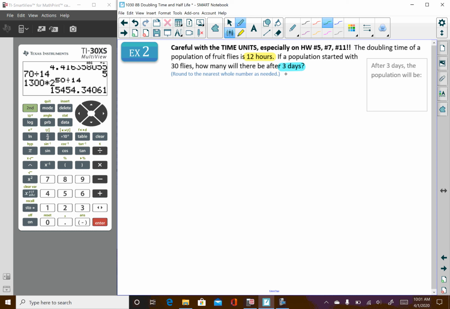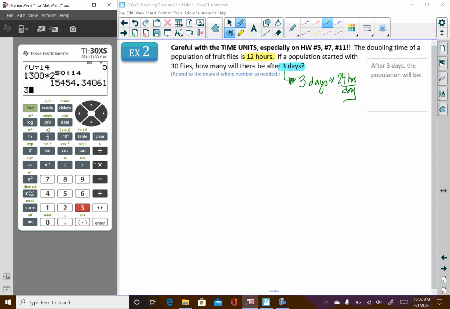So in this case, 3 days, I'm going to convert into hours. Each day is 24 hours, and so if we multiply those 3 days by 24 hours, we get 72 hours.